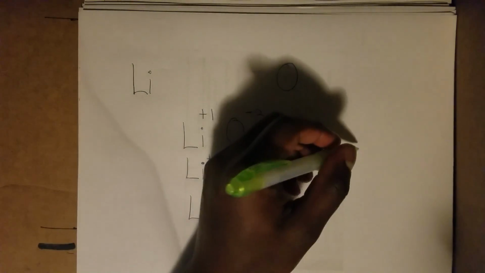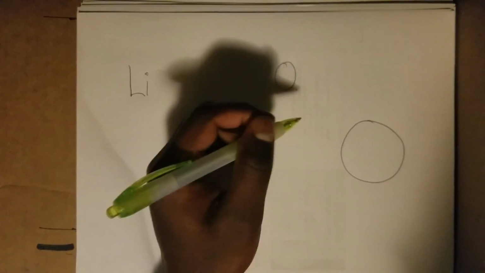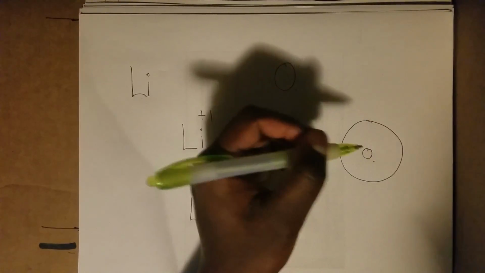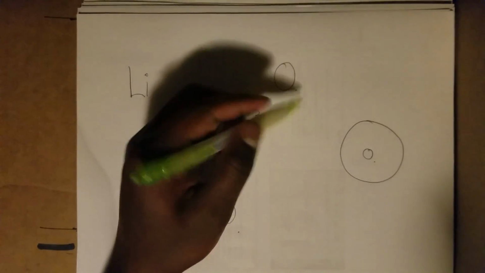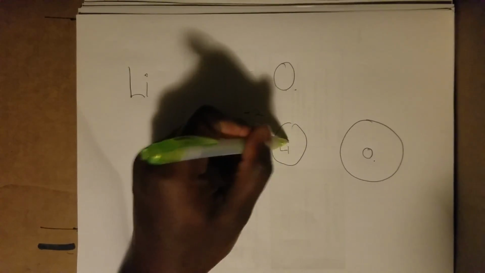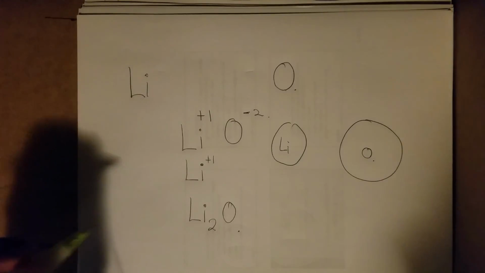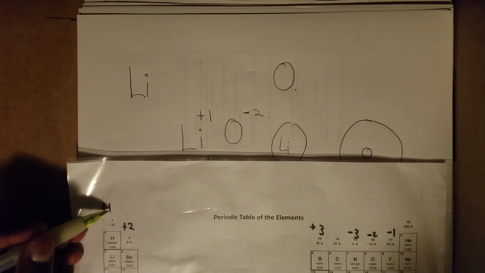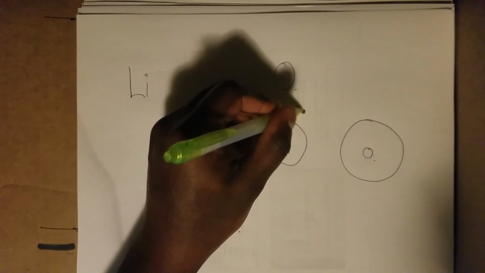And it makes sense, because if lithium gets a charge of +1 after bonding, that means that lithium lost 1 electron.